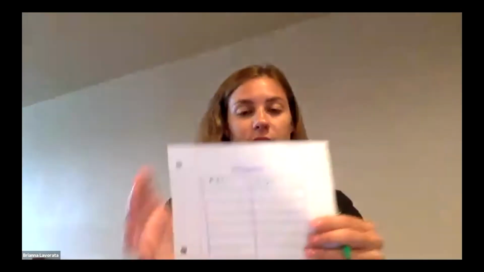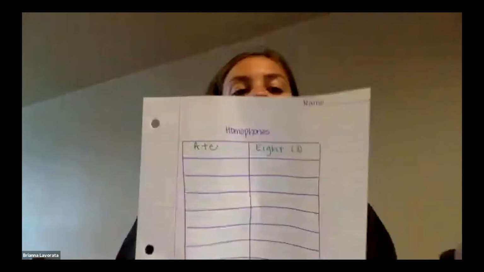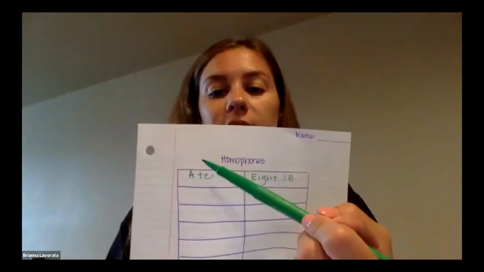However, there is another word that is pronounced the same way, and that is the number 8, okay? Which is spelled like this. If you would like to draw the number just as an example next to it like that, you can. So we have 8.